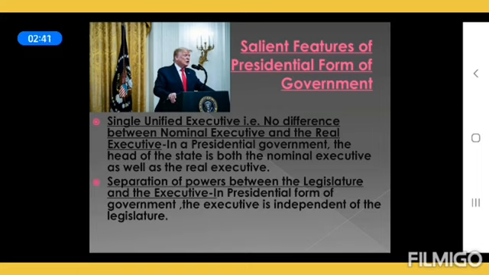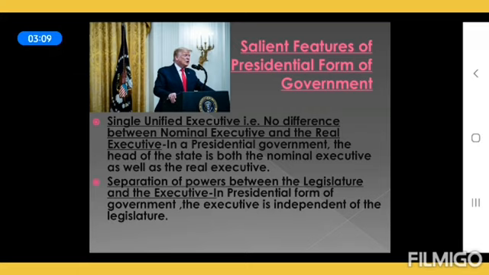All the executive powers are vested in the hands of the president, but he himself does not exercise them, because in reality they are exercised by the council of ministers along with the prime minister. That is why the nominal executive is just an ornamental device, and the office of the prime minister is the most powerful office in the parliamentary form.